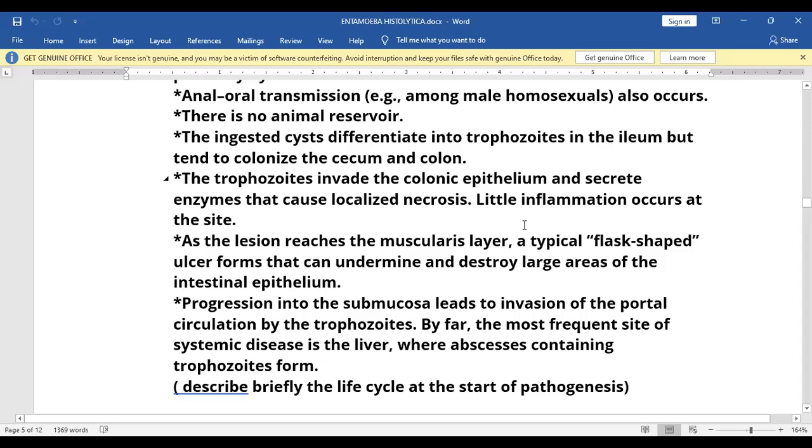That is why when we are talking about parasites, we need to briefly mention the transmission as well as the life cycle points which take the parasite to the place where it is going to produce the pathology. So you need to trace the pathway of the parasite once it goes into the body till it reaches the site where it is going to produce the lesion. And that becomes a part of your pathogenesis.